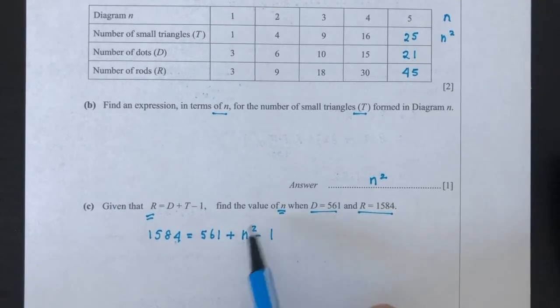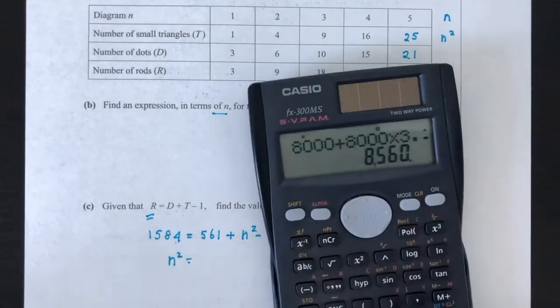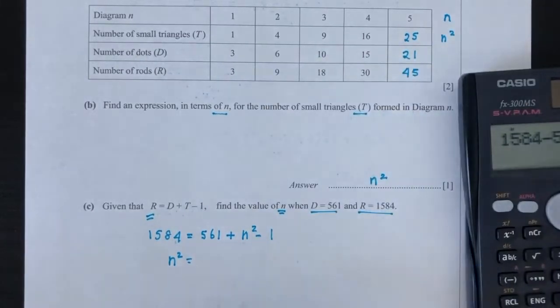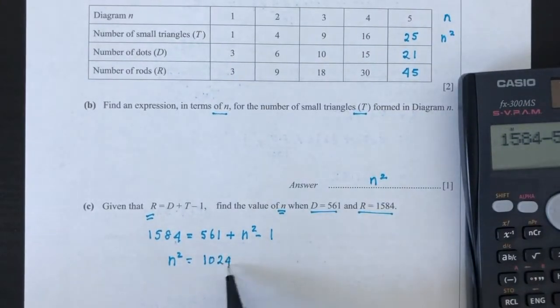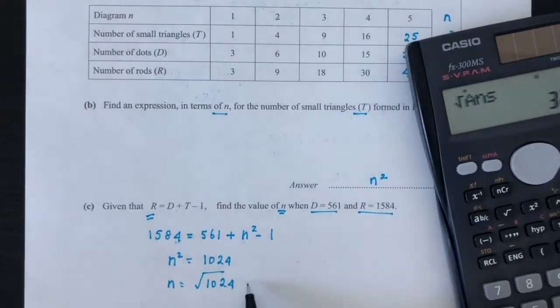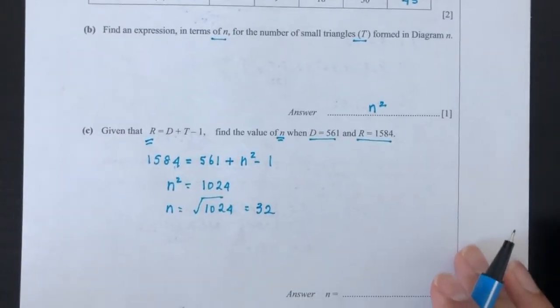So let's make this the subject of the formula. n square will become 1584 minus 561 minus 1, so 561 plus 1 is 560, and 1584 minus 560 will be 1024. So n will be the root of 1024. That will be 32. So the value of n will be 32 for part C.